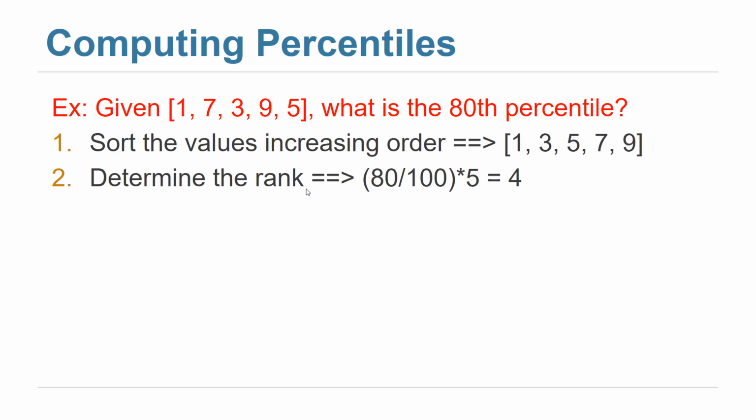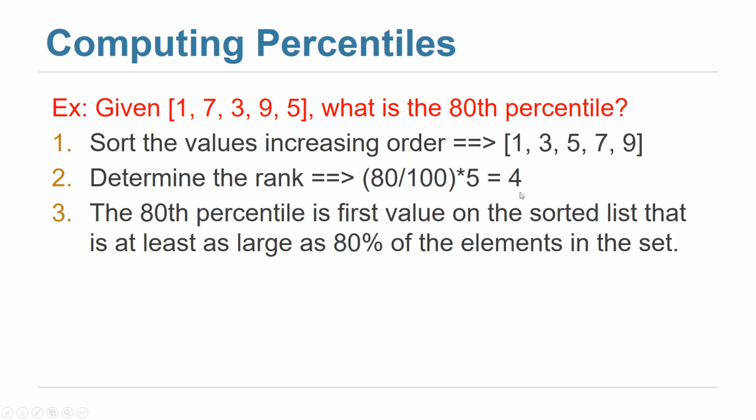Given that we want the 80th percentile, the rank is 80% of the total number of values in the array, or the size of the array. The size of the array here is 5, so 80% of 5 is 4. So the 80th percentile is the first value on the sorted list that is at least as large as 80% of the elements in the set, which in this case is the fourth element, which is 7. So the 80th percentile for this array is 7.